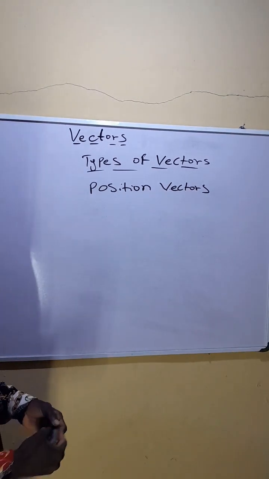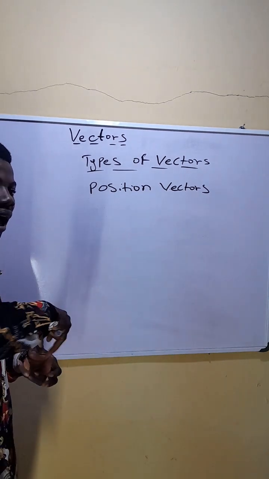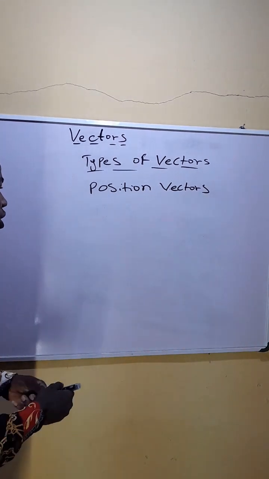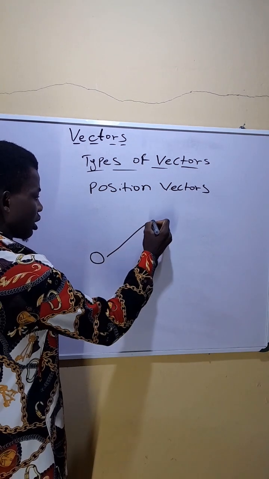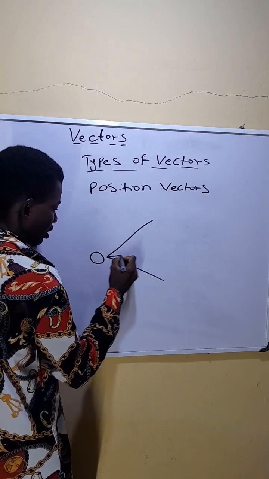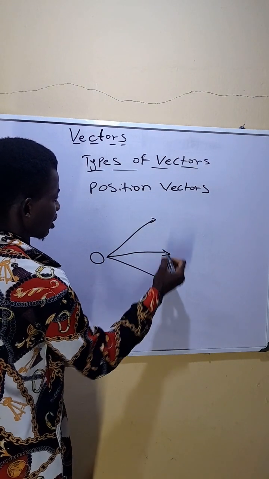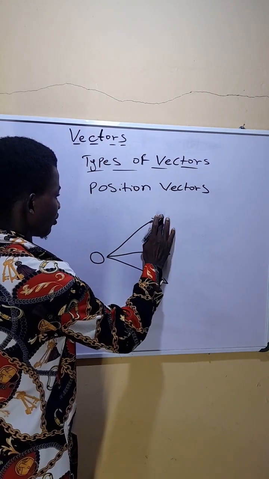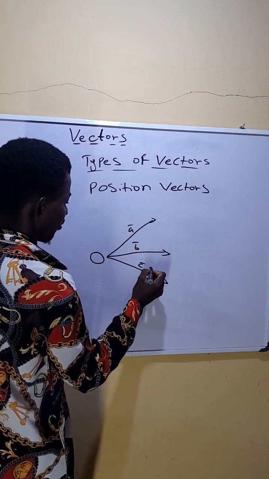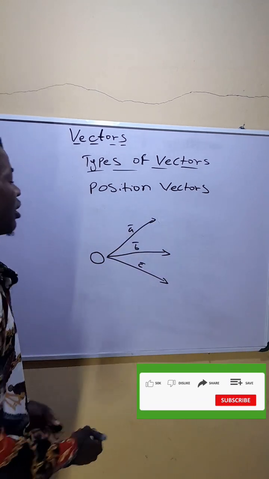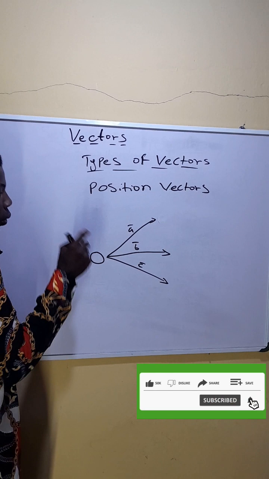Position vectors are vectors that emit from an origin, that is, they come out from one particular origin. Let's denote the origin as O. All these three vectors, say vector A, vector B, and vector C, are position vectors that emit from origin O.